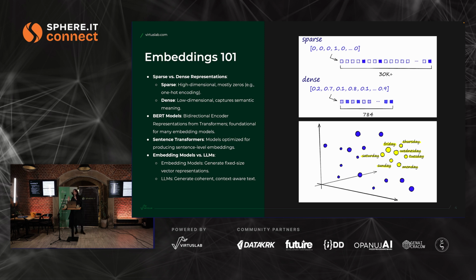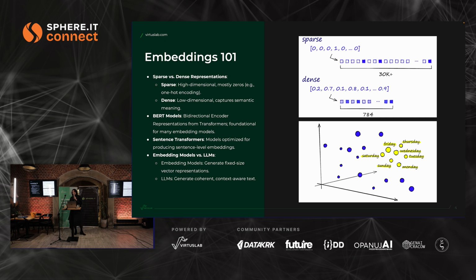Wherever you have a word in a document, you put 1. If you don't have that word, you put 0. So it's sparse because most of the entries are 0, whereas the dense representation is lower dimension, and it's not as clear as the sparse representation. This is calculated by a neural network.